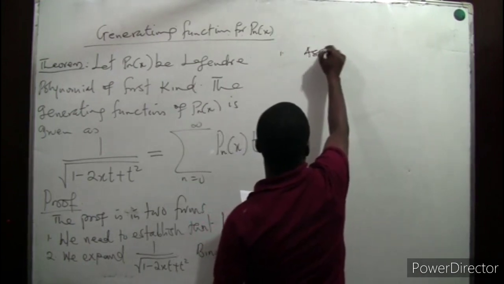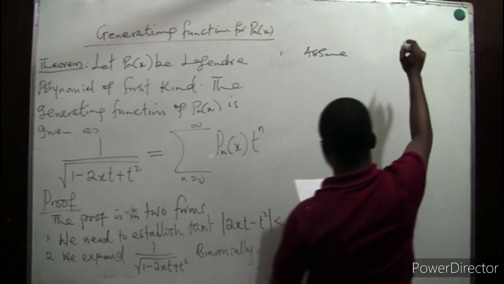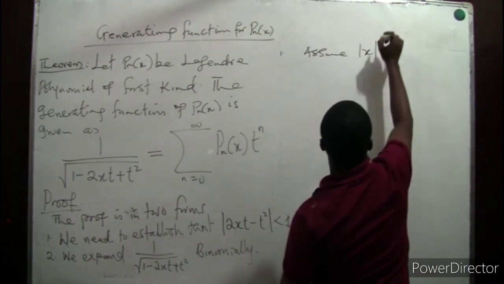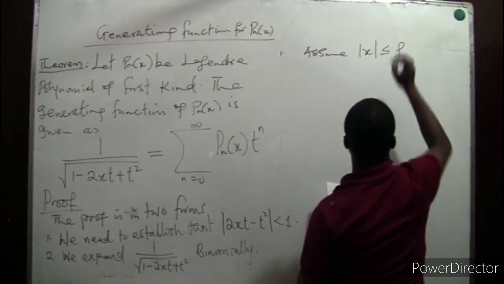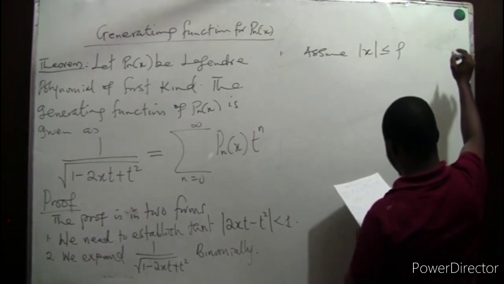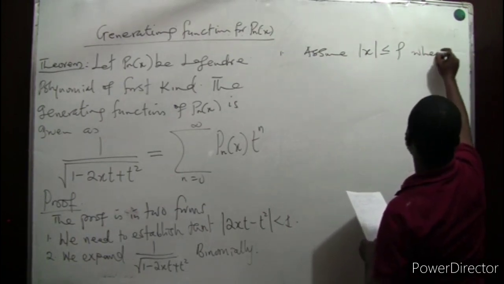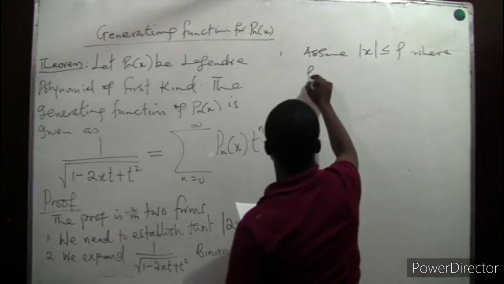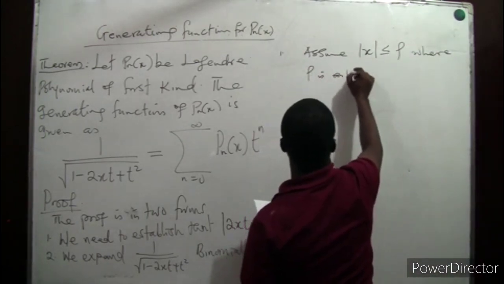Assume that absolute of x is less than or equals to rho, where rho is arbitrary.